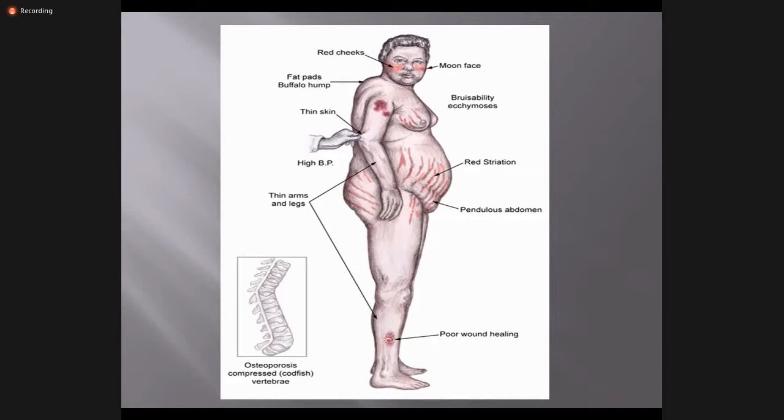There is a fat pad, buffalo hump, thin skin, poor wound healing, and osteoporosis, which might lead to avascular necrosis of the bone and fracture of the neck of the bone, as well as fracture of the vertebrae, and vertebral collapse can occur.